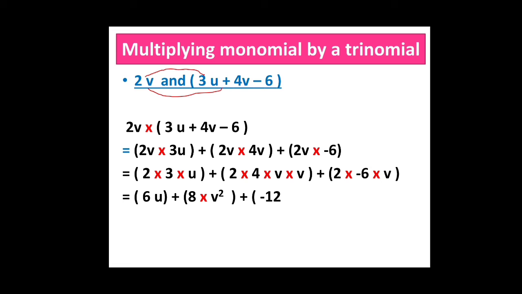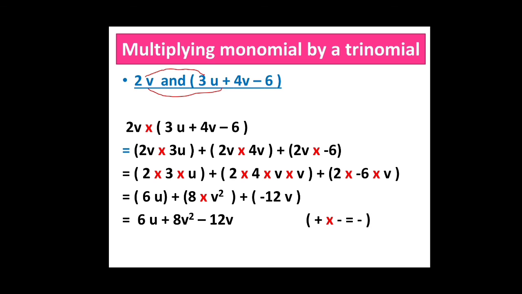As we said, plus into minus gives minus 12 into v. So 6u plus 8v square minus 12v is our result. So already we said plus into minus gives the result as minus. So that's why we have taken minus 12.